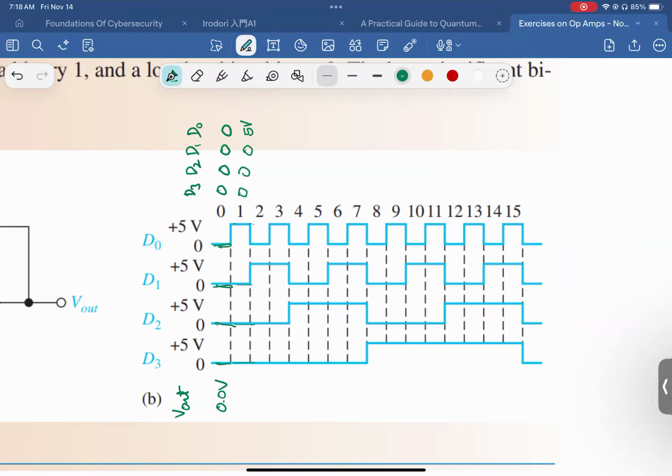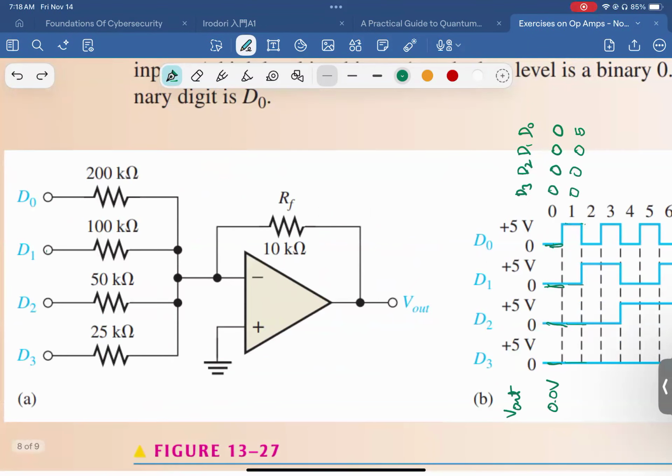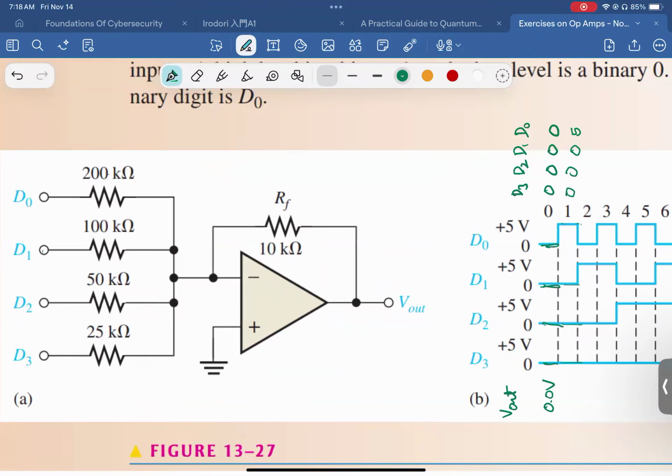Okay, tatanggalin ko na muna yung units para hindi sumikip. Okay, so if that is 5 volts, 5 volts divided by 200, yan yung current na dumadaan dito. Right?